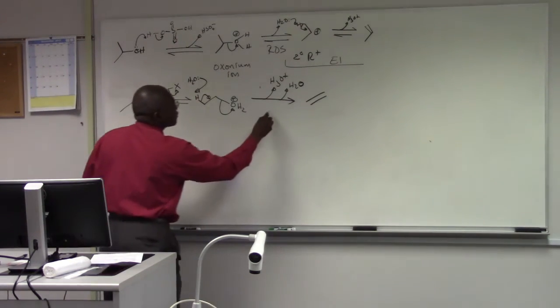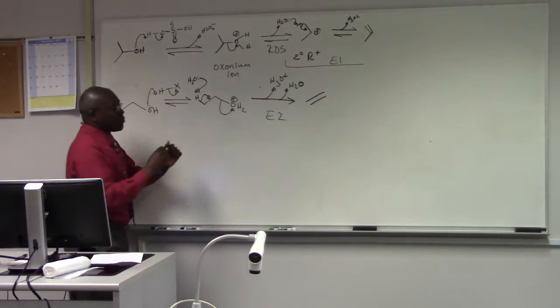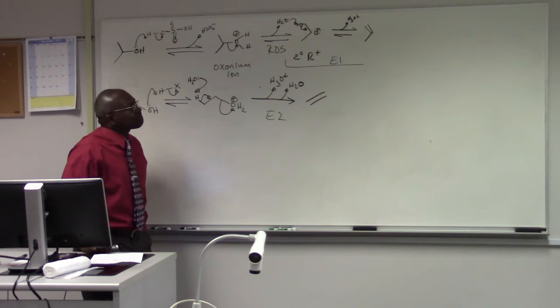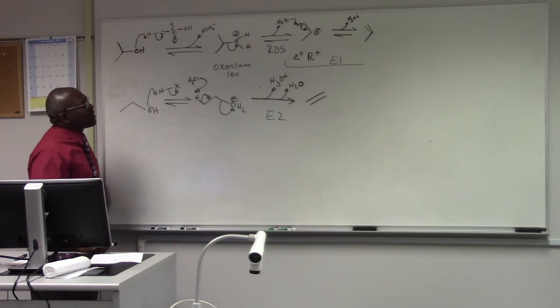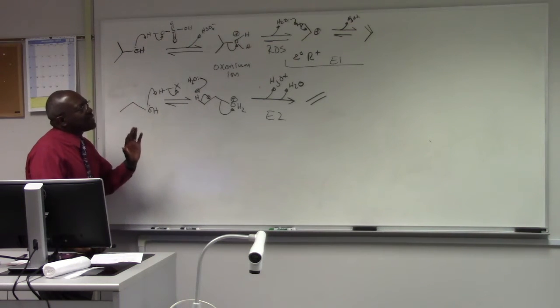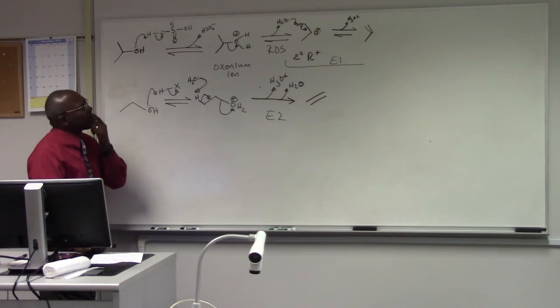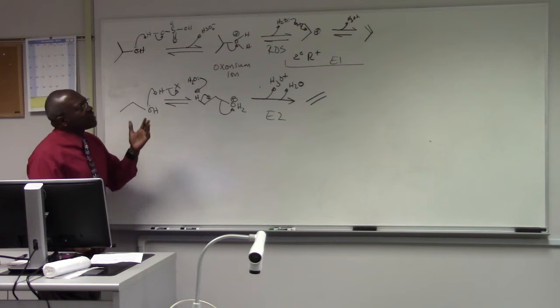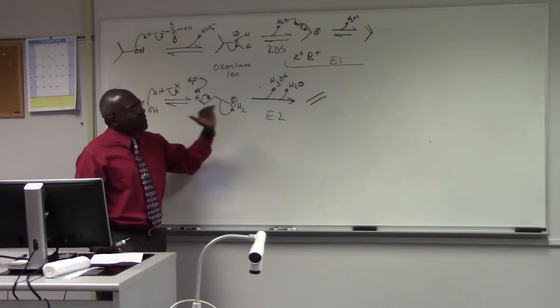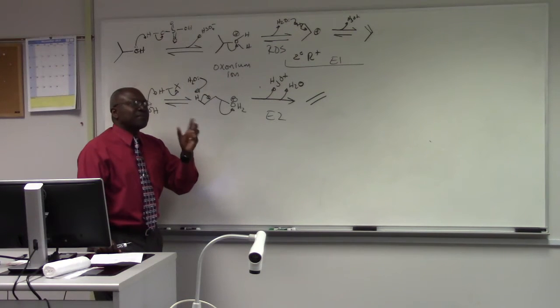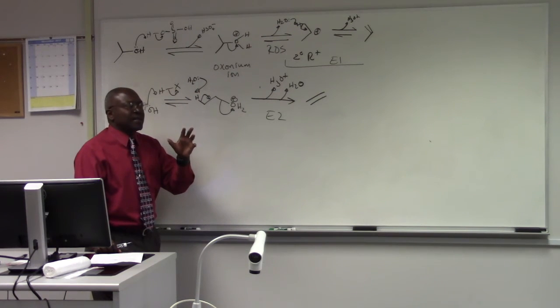So this is actually going to be an E2 mechanism because you want to circumvent the formation of the primary carbocation. It turns out that because the dehydration reactions, with the exception of ethanol as a primary alcohol, generate carbocations as part of the mechanism, it throws a slight monkey wrench in the chemistry.